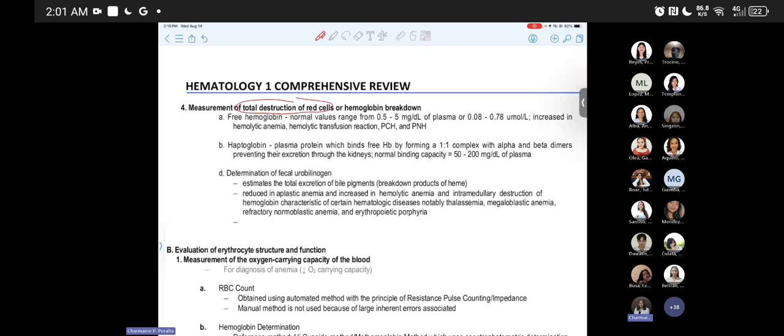So if we are talking about total destruction of red cells, babalik ulit tayo sa extravascular or intravascular hemolysis. So it involves hemoglobin breakdown. So gumagamit tayo ng free hemoglobin, haptoglobin, and determination of fecal urobilinogen. Determination of fecal urobilinogen estimates the total excretion of bile pigments or breakdown products of heme.